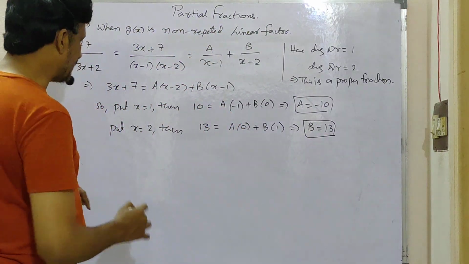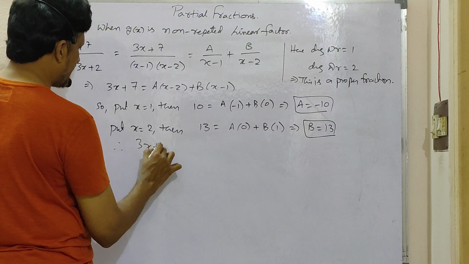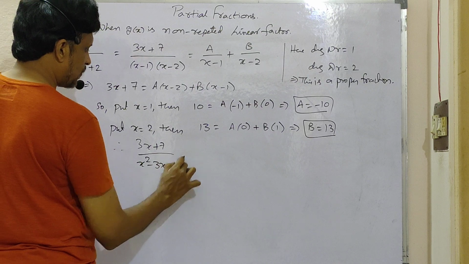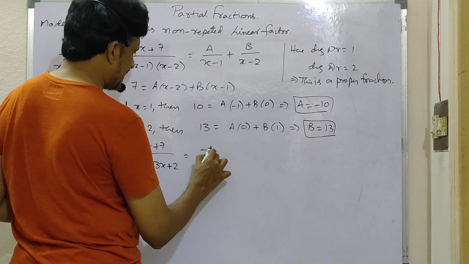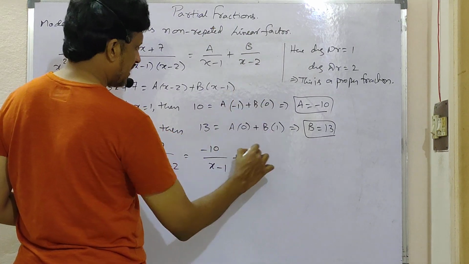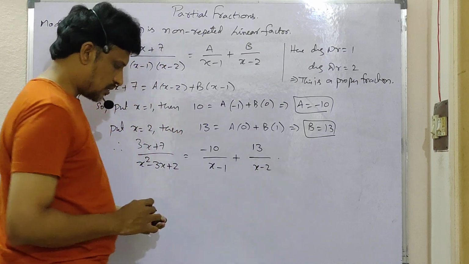After getting the values of A and B, the given fraction (3x+7)/(x²-3x+2) is equal to A/(x-1) where A is minus 10, so minus 10/(x-1), plus B, that is 13/(x-2).